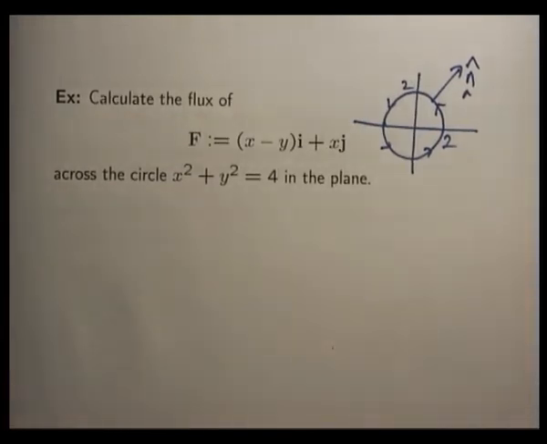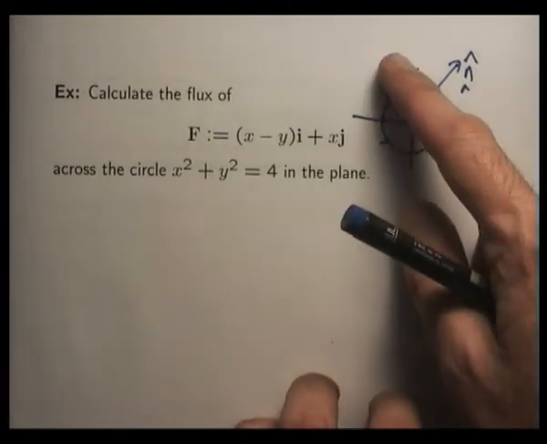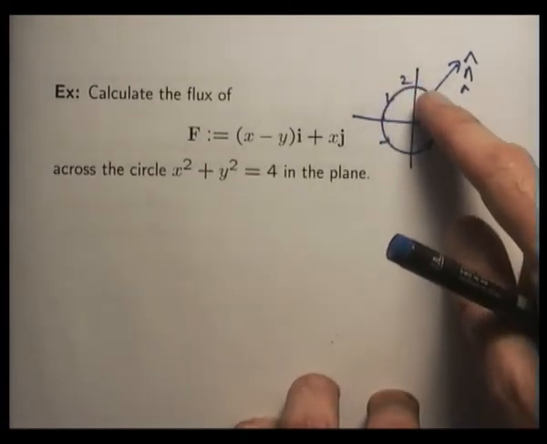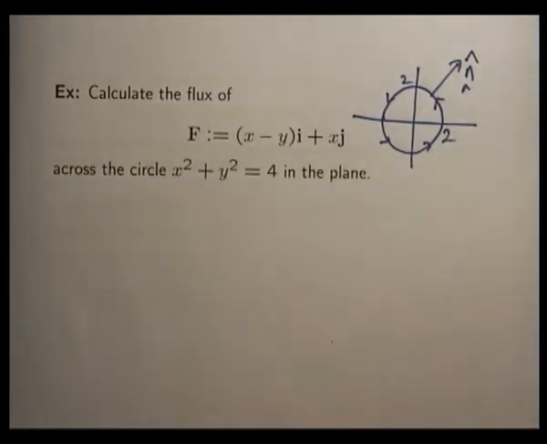Here I've drawn in an outward pointing unit normal. The question is, what is the representation for this unit normal? It's normal to the curve in the sense that the tangent and the normal are at an angle of 90 degrees, right?